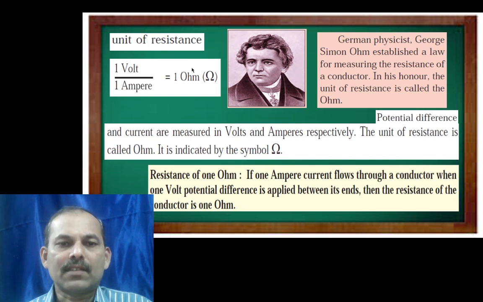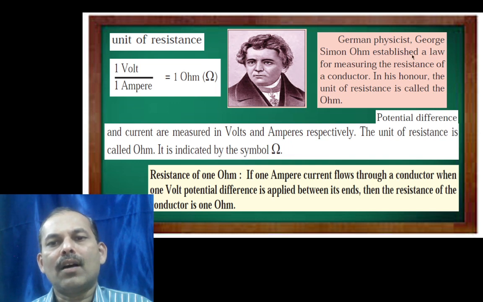Unit of resistance. Ohm is the unit of resistance. 1 ohm equals 1 volt upon 1 ampere. The German physicist George Simon Ohm established a law for measuring the resistance of a conductor.